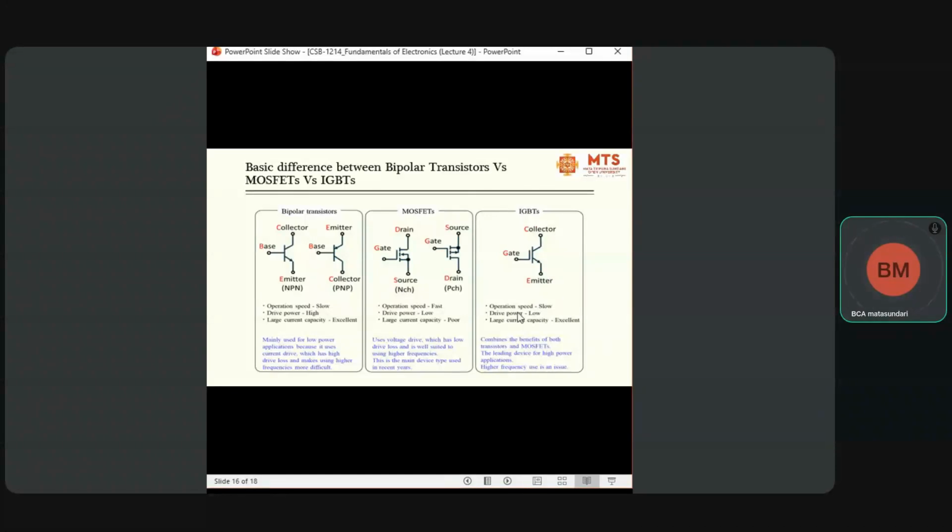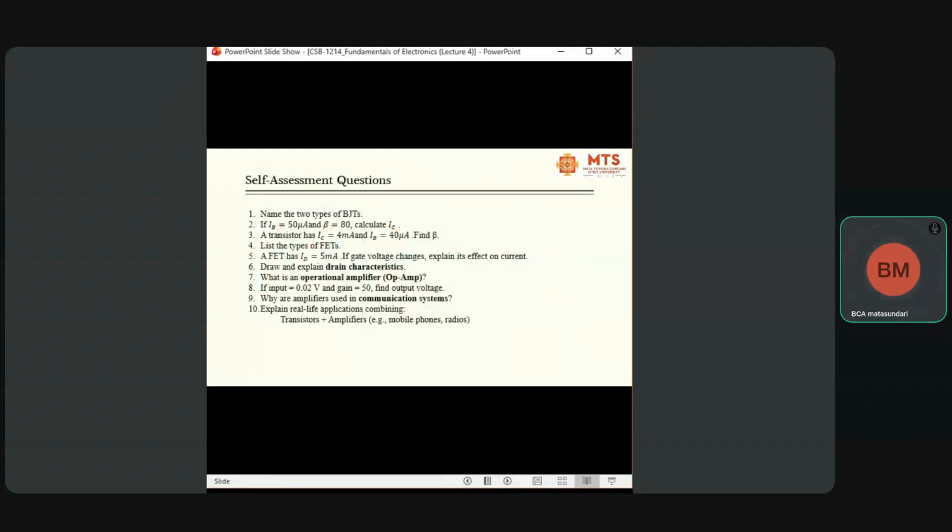Operation speed is slow, drive power is low, large current capacity is excellent. It combines the benefits of both transistor and MOSFET, the leading device for high power applications, though higher frequency use is an issue.